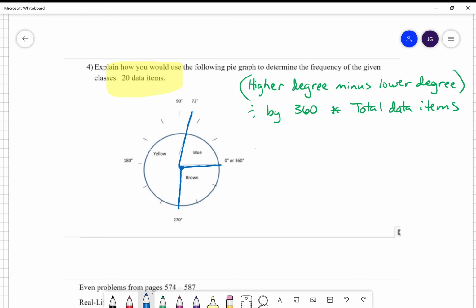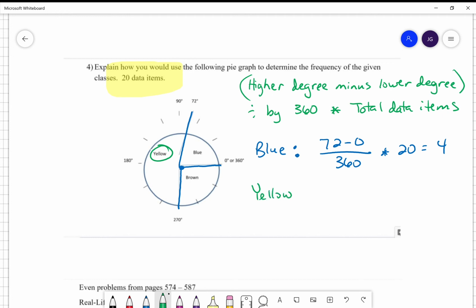Okay, so for blue, it would look like this. 72 minus 0 divided by 360 times 20. Four items. For yellow, I'm going to use green. Actually, I think I can change that to yellow.